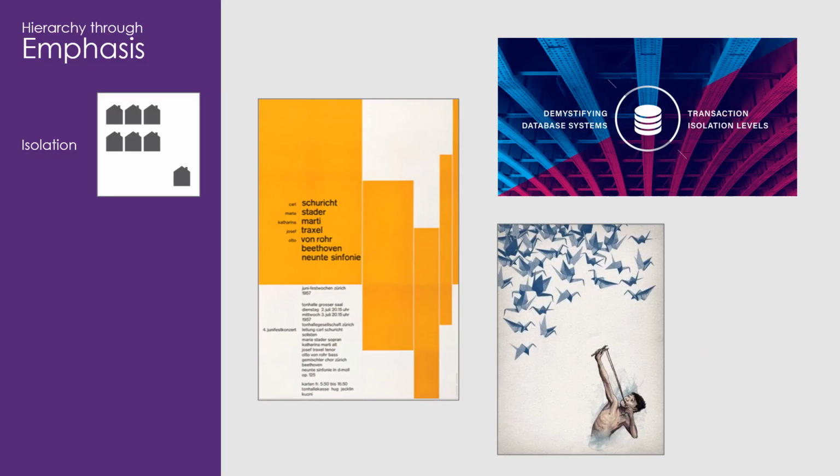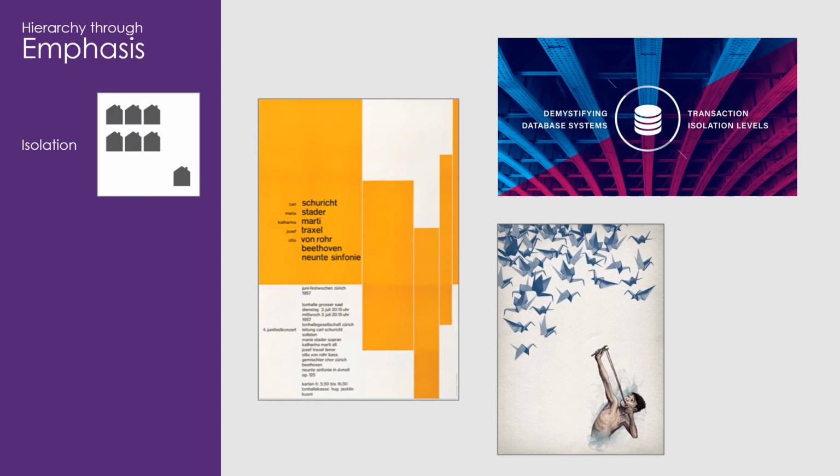Okay, so there are a few different techniques you could employ when trying to create a hierarchy. The first one being isolation. So in all these slides, you'll see on the left, I have a panel that has a very basic composition to get the concept across. Okay, I'm using just some gray houses on a white square, and I'm showing you the most fundamental principle at play.